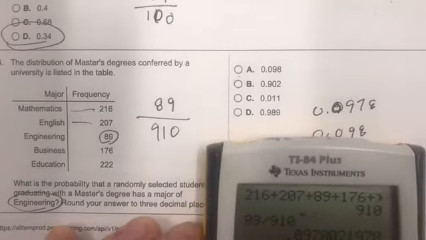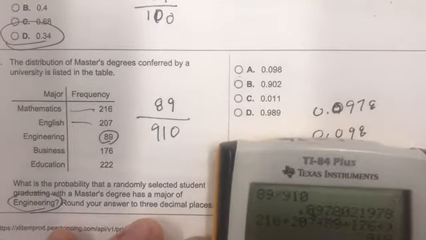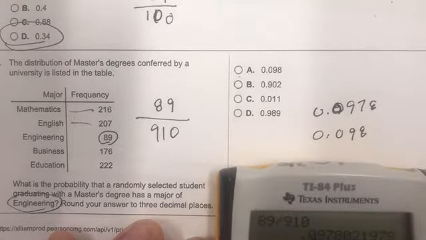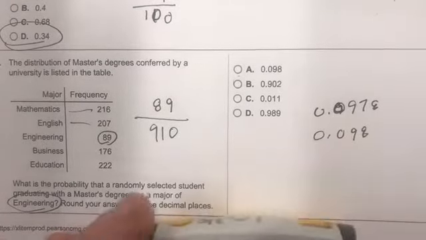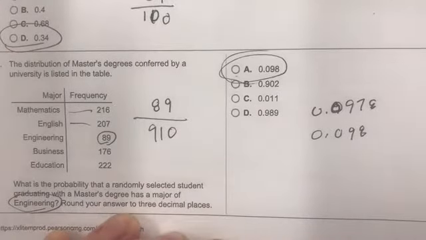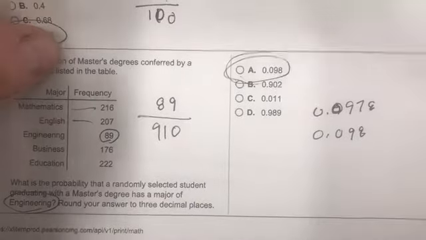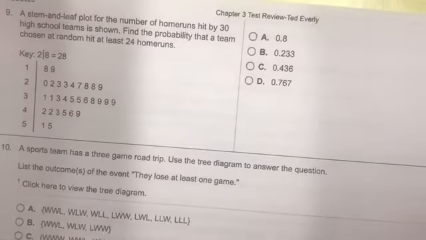So 89 divided by 910, 0.098. Oh, it's right here. I'm not even seeing it. I'm looking through this lens here, and I'm not seeing them good.